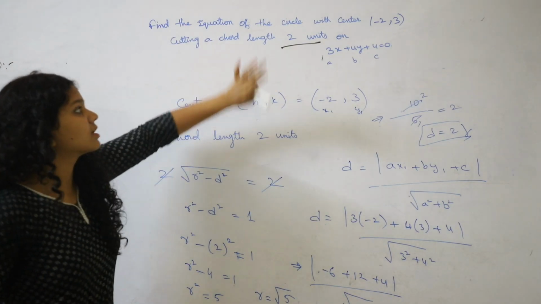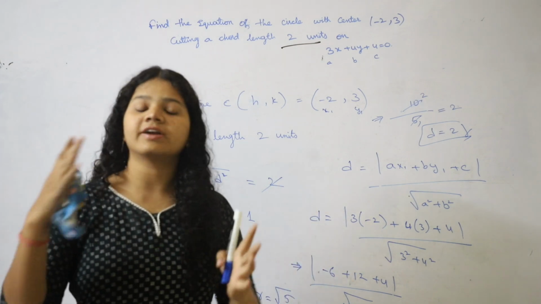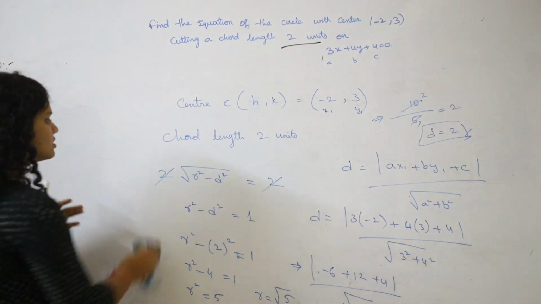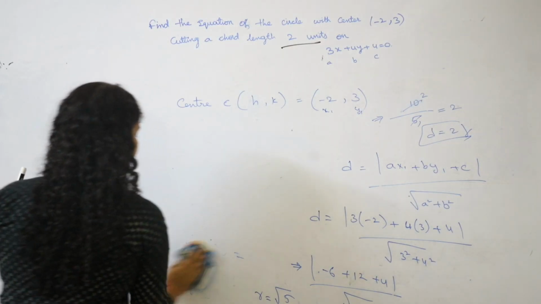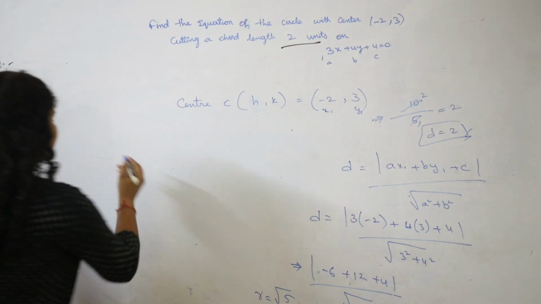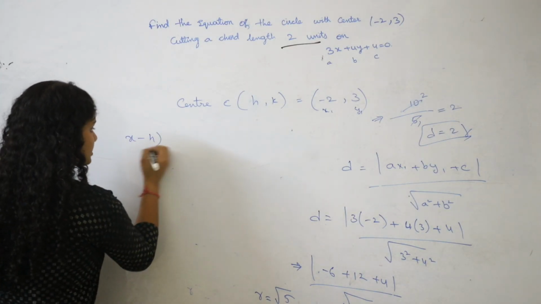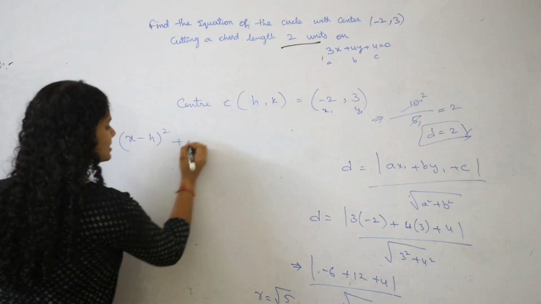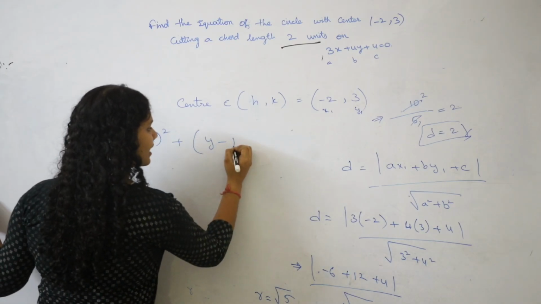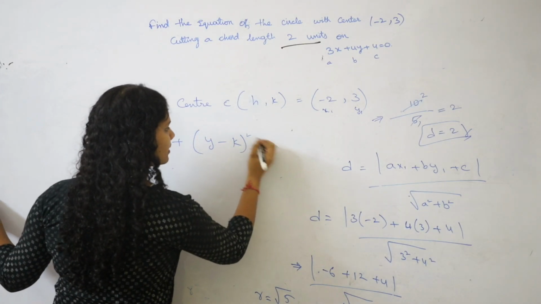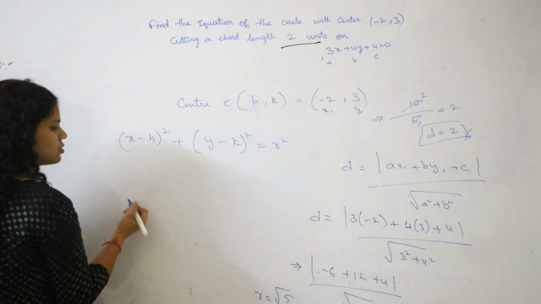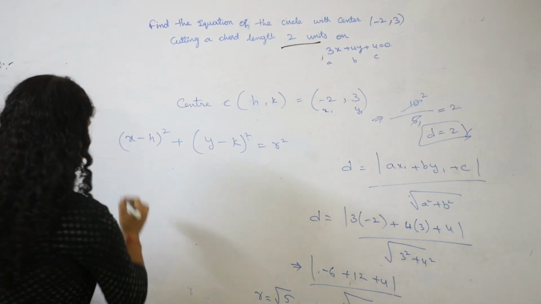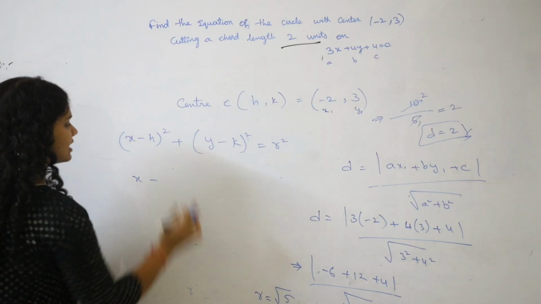Now find the equation of the circle. Here comes the main part. There is a formula to find the equation of the circle: x minus h whole square plus y minus k whole square equals r square. What is the h value?